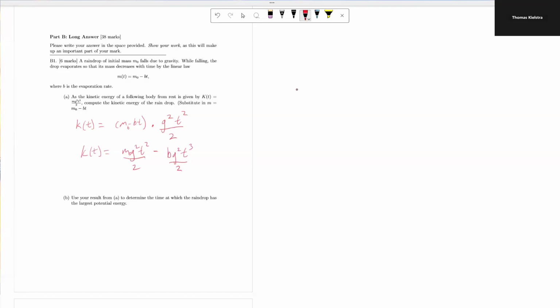Now, one thing to note is that the kinetic energy can never be negative. So because the kinetic energy is never negative, this means that K of t must be greater than or equal to 0.